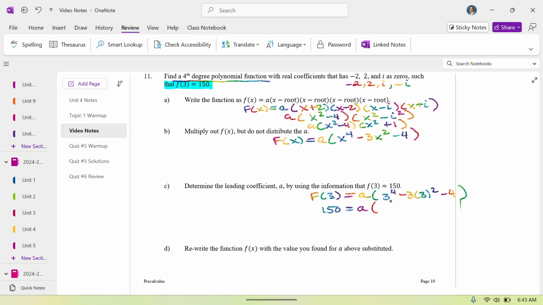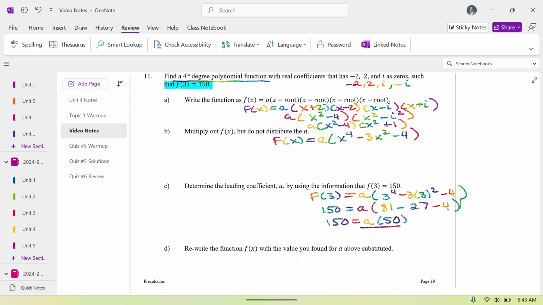Well, 3 to the 4th is 81 minus 9 times 3 is 27 minus 4. So 81 minus 27 gives you 54, minus 4 gives you 50.